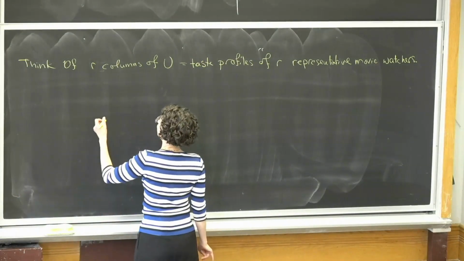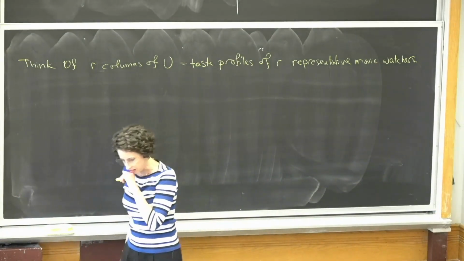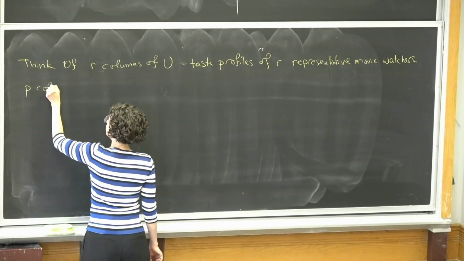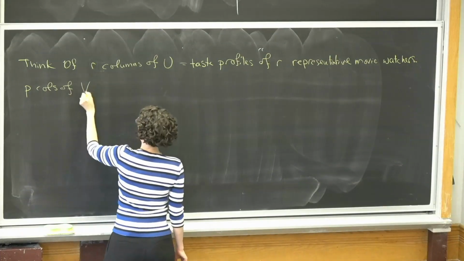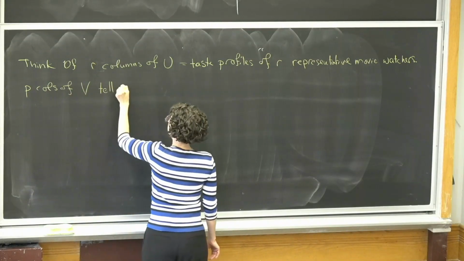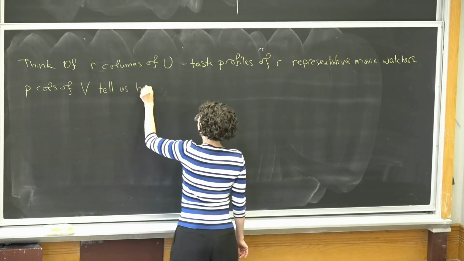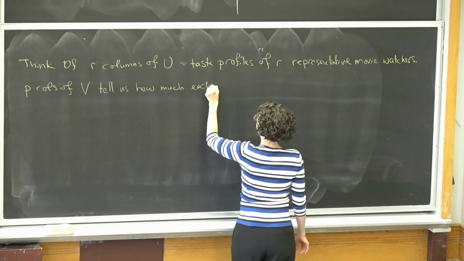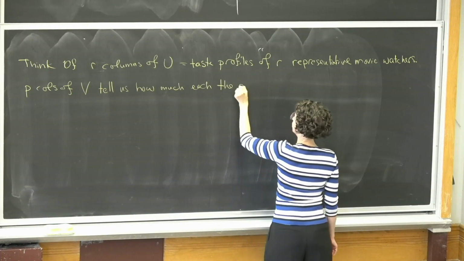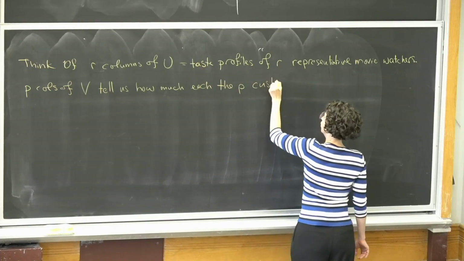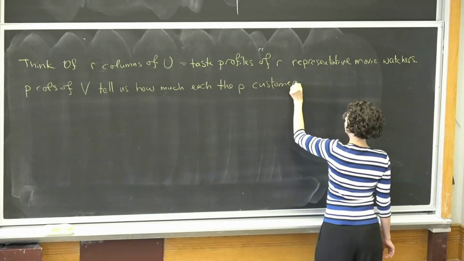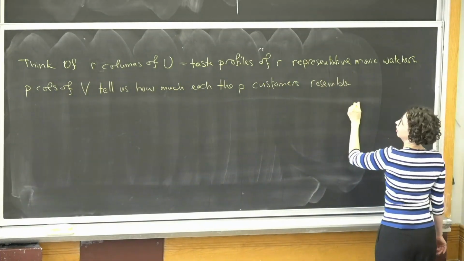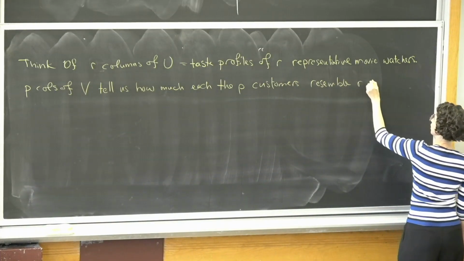And then we could think about V. So the P columns of V tell us how much each of the P customers resemble the R representatives.